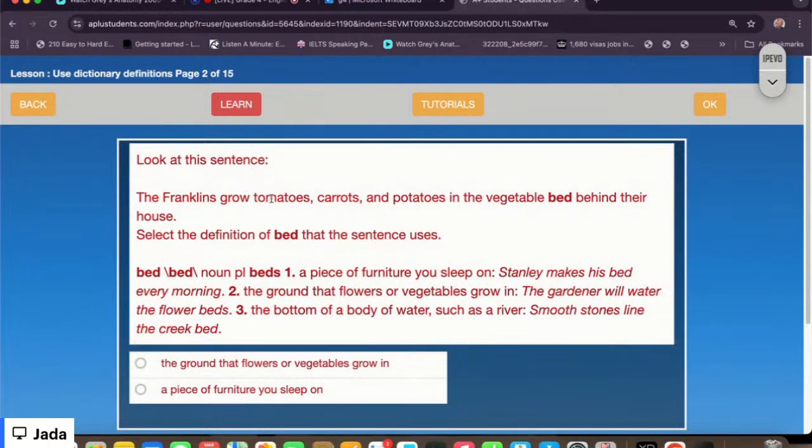So we have: The Franklins grow tomatoes, carrots, and potatoes in the vegetable bed behind their house. So select the definition of bed that the sentence used. As you can see, we also have the bed that we sleep on, but bed has more than one meaning. So you have to look at them and see the one that is suitable. Okay? So the ground that flowers or vegetables grow in, or a piece of furniture you sleep on, which one?